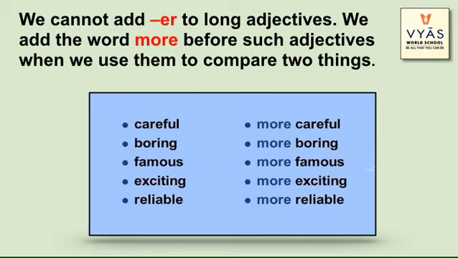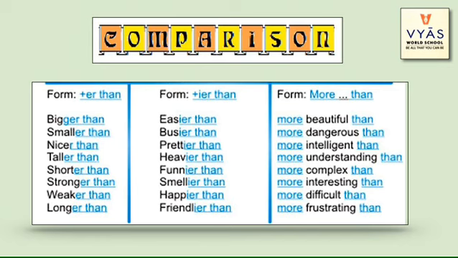So to use them for comparing, we do not add ER to them, but instead we add the word more before such adjectives. So they'll turn up as more careful, more boring, more famous, more exciting, more important, more reliable, etc.